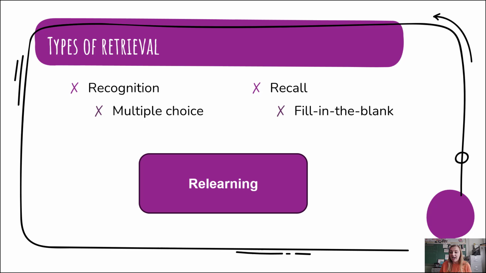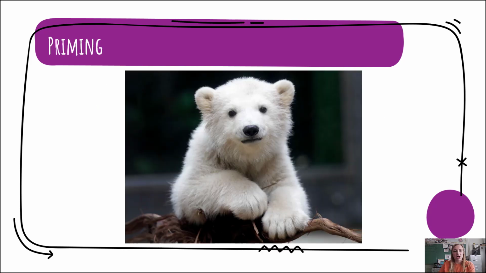This is quantified through the savings score, which measures how quickly we can relearn material. Overall, relearning underscores the resilience of our memory. Even though we might not be consciously aware that we have some information stored in long-term memory, because it goes faster the second time around, we know that our memory retains some information.